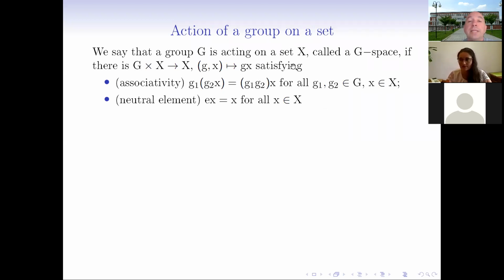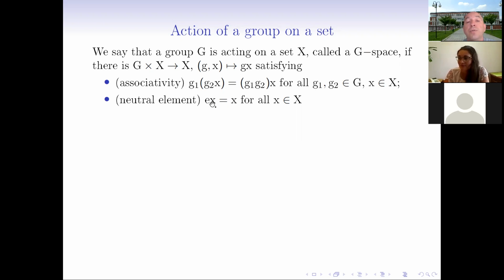If you have a group and a set, we say that G is acting on X, or X is called a G-space, if there exists a binary operation, with elements of G on the left-hand side and X on the right-hand side, so it sends a pair (g, x) to gx, and which satisfies associativity in such a way that g1 applied to g2 x is the same as first the composition g1 g2, then applied to x, for all elements g1, g2 in G and x in X. But also there is a neutral element in G, and this must act as the identity.